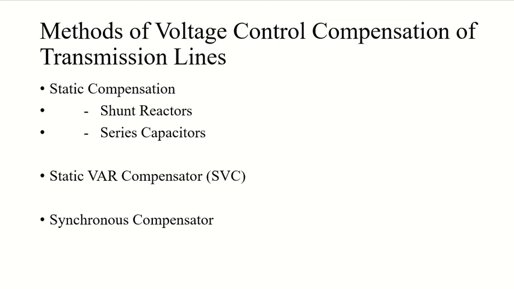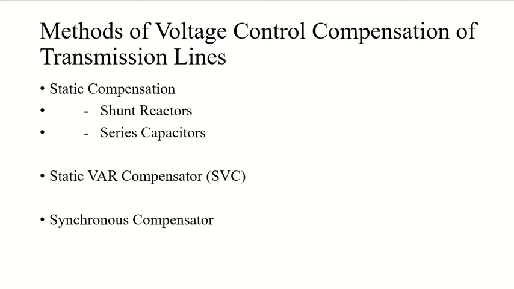Tapped saturated reactors can also be used, with reactors saturated at selected voltages within plus or minus 10% of nominal system voltage. When saturated, the VARs absorbed by the reactors change rapidly for small changes in voltage.